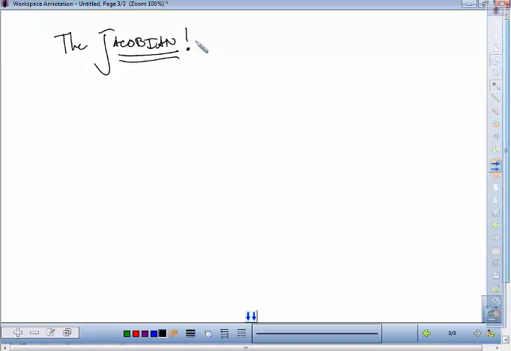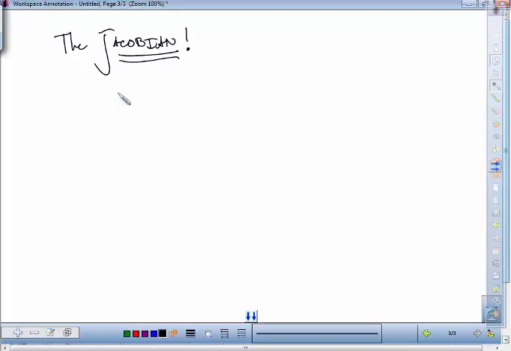Jacobi. I forgot his first name, but his last name is Jacobi. This is the Jacobian, and the Jacobian allows us to find a, quote, derivative. Now, since we have two variables in each of them, we have to be dealing with partial derivatives.